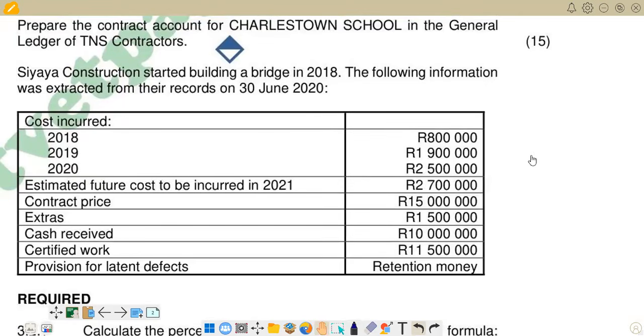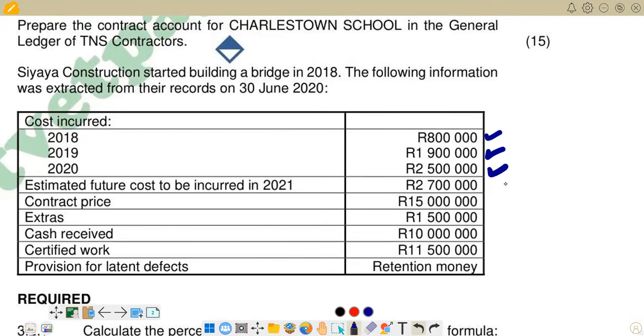So we have got the 2018 year is 800,000. We add 1,900,000, then we add 2,500,000. That's the figure that we have for the cost to date.